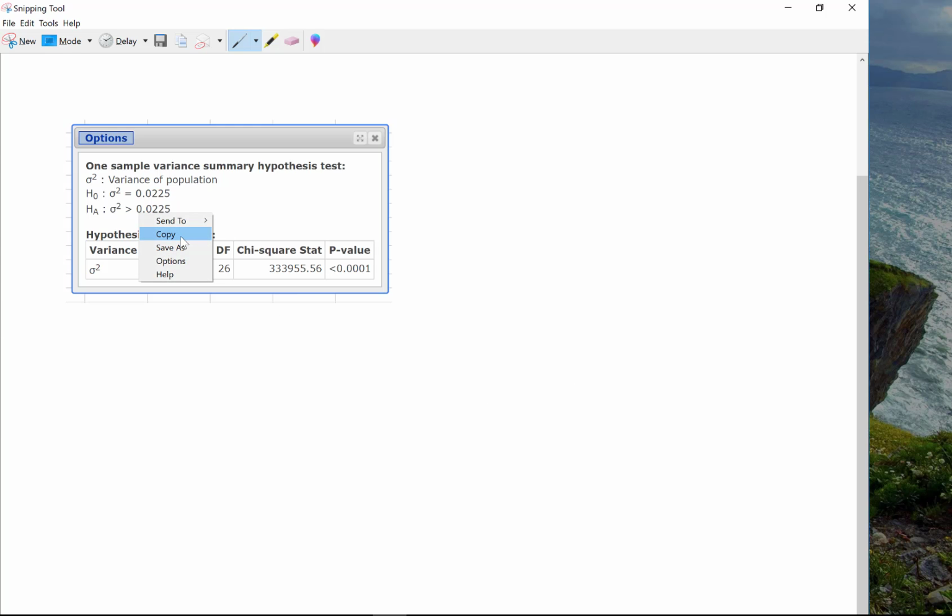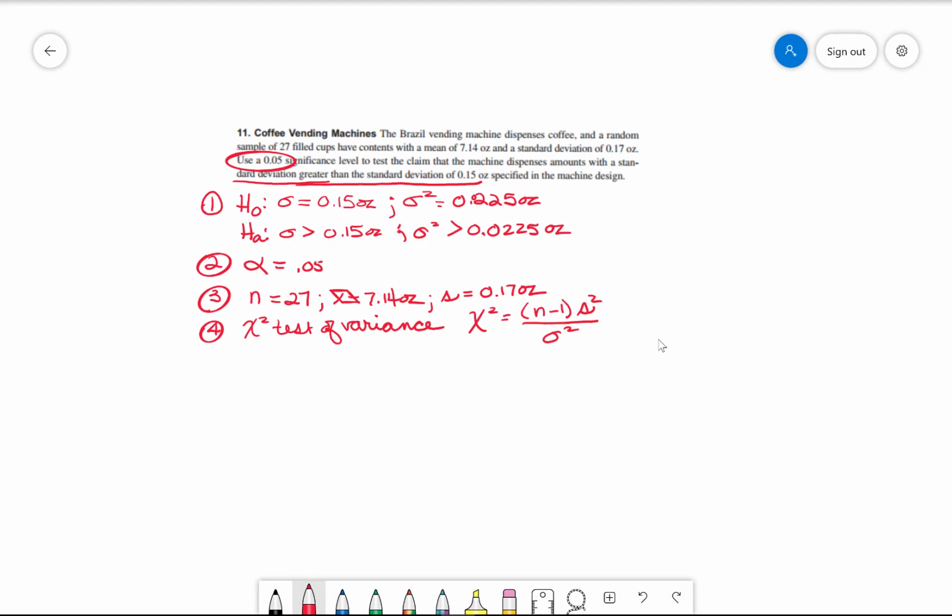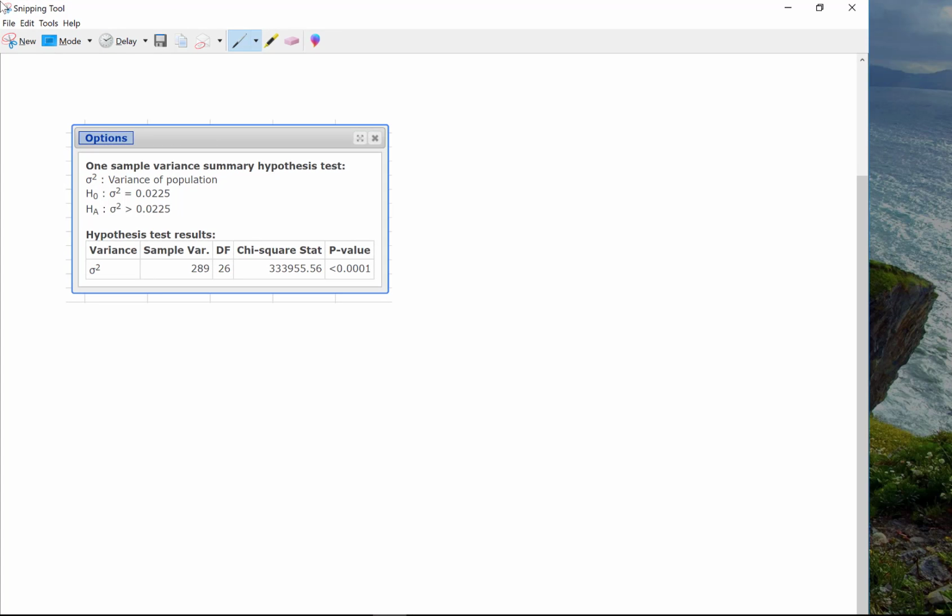I want to copy. Now let's see if I can take it back. And I want to paste. It's not working. I don't like when that happens. So let's get rid of it. Go back to my snip.